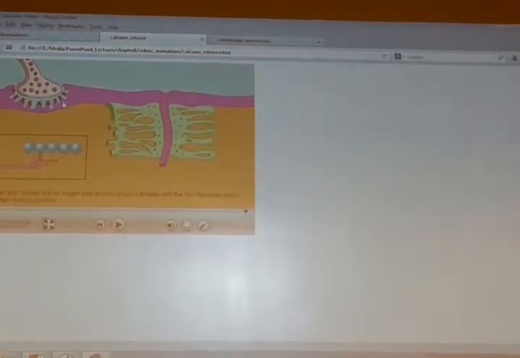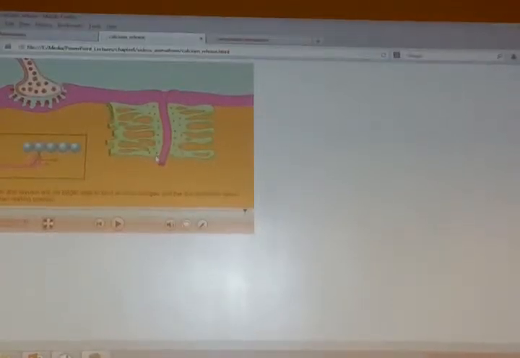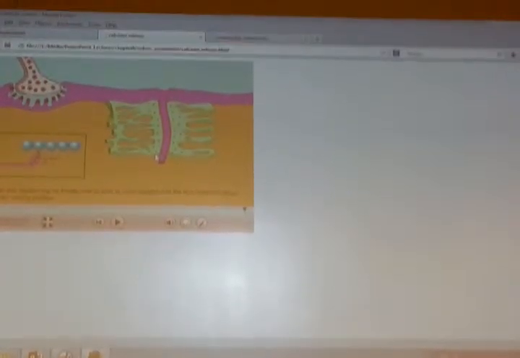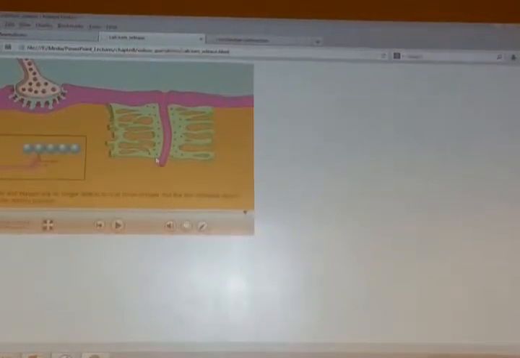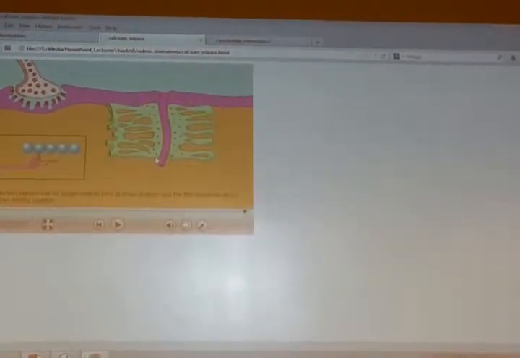And when the action potential ceases, then at the T-tubule, dihydropyridine is no longer depolarized, which means ryanodine is no longer depolarized, which means those calcium channels close.